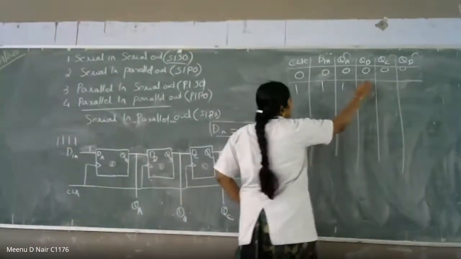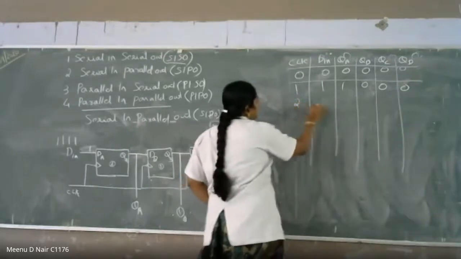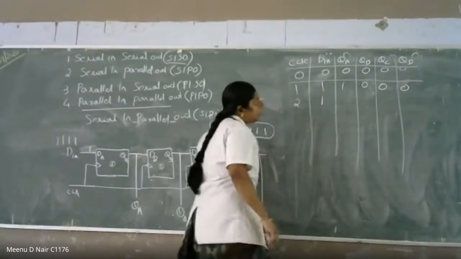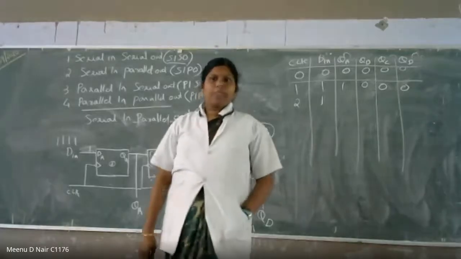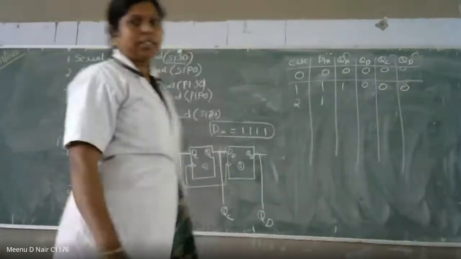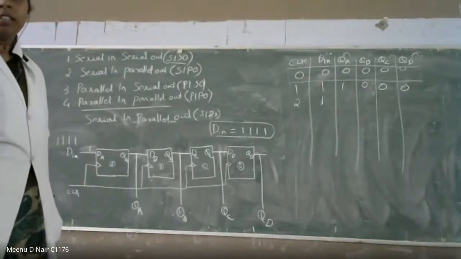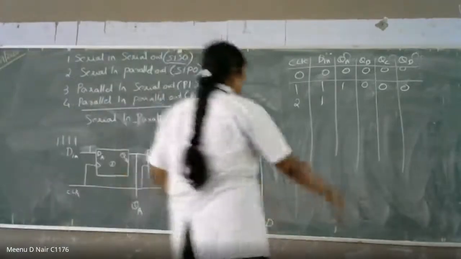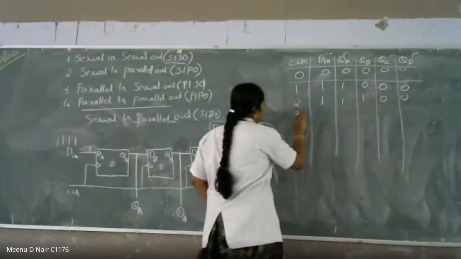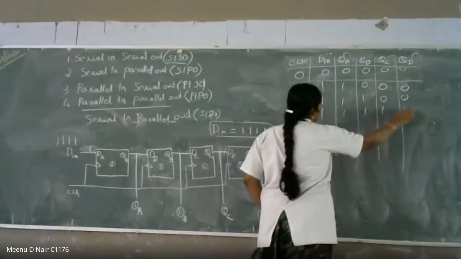Then the second clock pulse, D input is 1. What about QA, QB, QC, QD? That is 1 1 0 0. Yeah, correct. Then the third clock pulse, again D input is 1, giving 1 1 1 0.